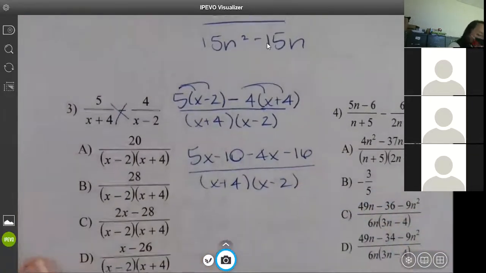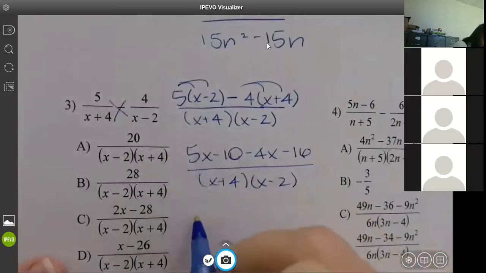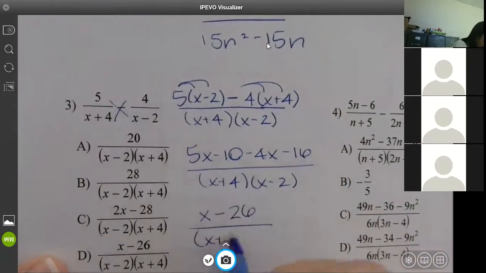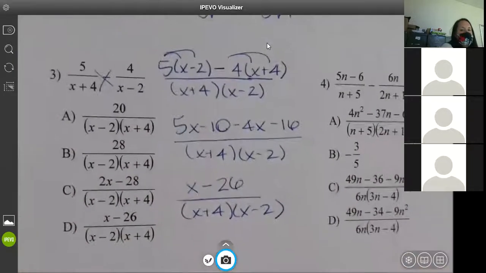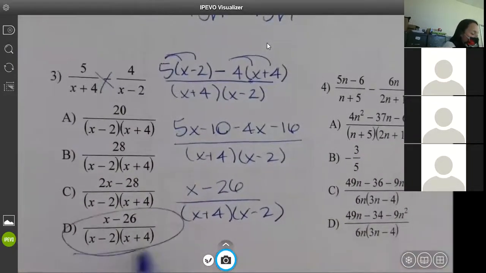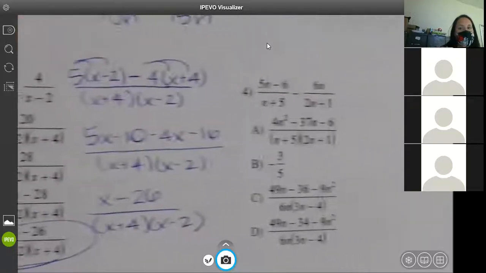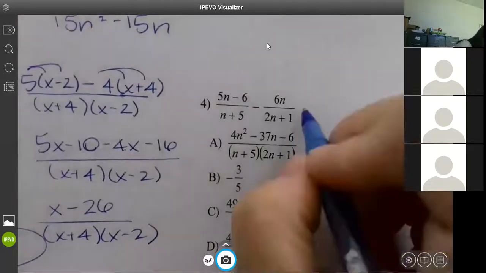Add your like terms, 5x minus 4x, 1x. -10 minus 16, over x plus 4, x minus 2. See if you see that as one of the answers. You're done. If you didn't see it as an answer, try to go a little bit further or see if you made a mistake somewhere. Okay. Next one, what's my common denominator?